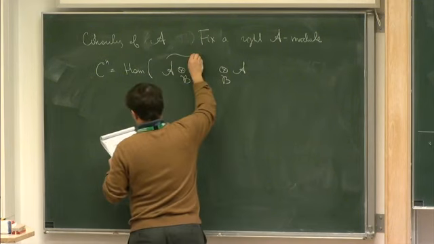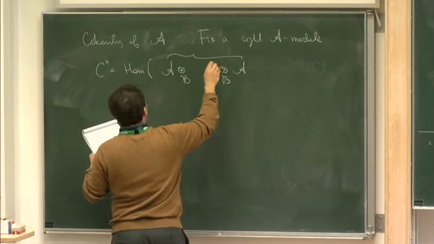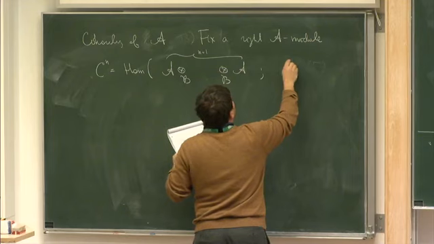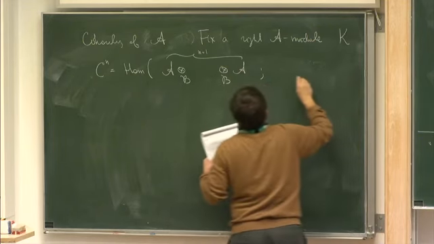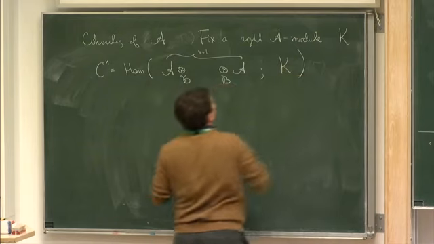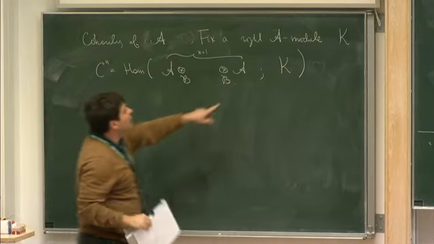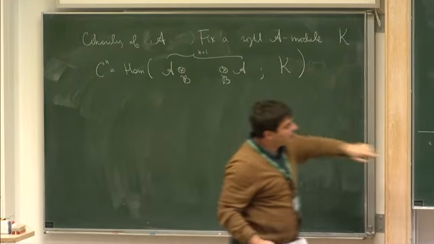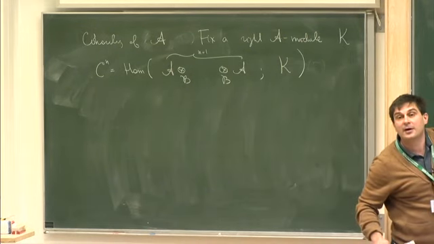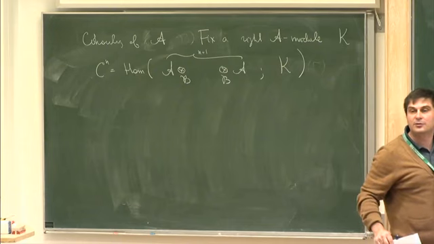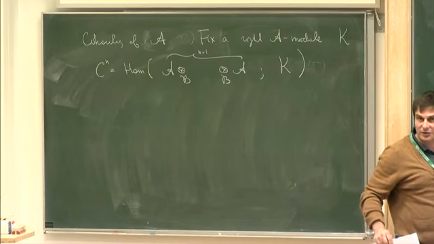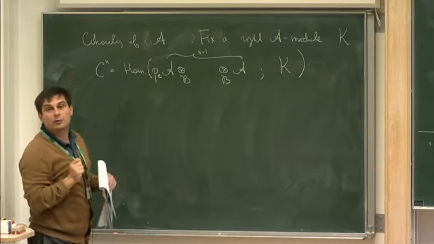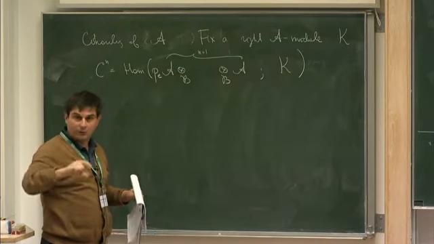So we do this n plus 1 times. And let's call this module K. We'll look at it with coefficients in K. Because we regard this K as a bimodule using the augmentation for the left action, and the augmentation kills everything in my algebra except for things of degree 0, things which live under this projection, then I can put here this PE, the projection onto the trivial representation.